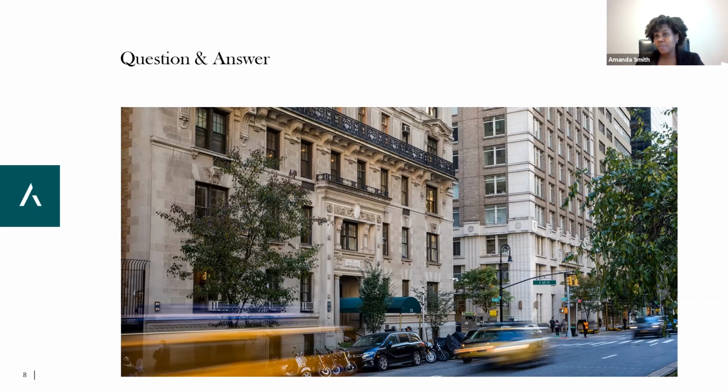So that $1 million assessment is probably not the best interest of your shareholders or your unit owners because it's going to really affect their pocket. The interest of the building is what the board should be focusing on, and that $1 million assessment should be implemented in order to do whatever it is that needs to be done in the building. I hope that I got your question correctly and that answered it.